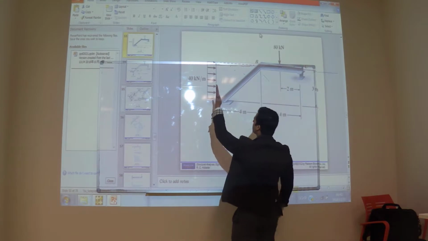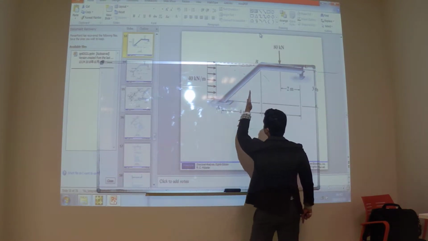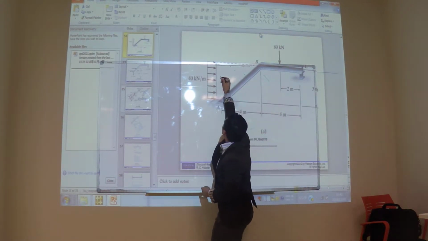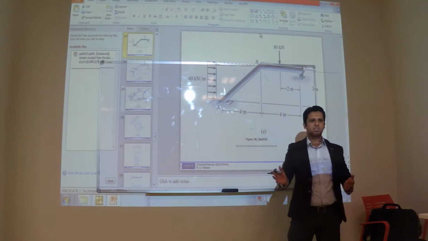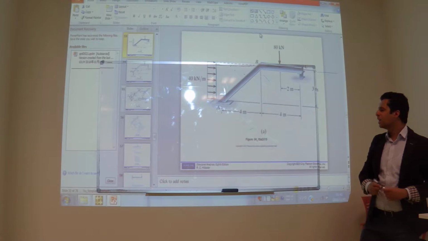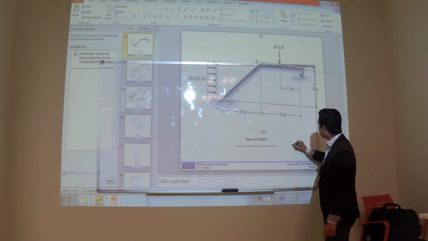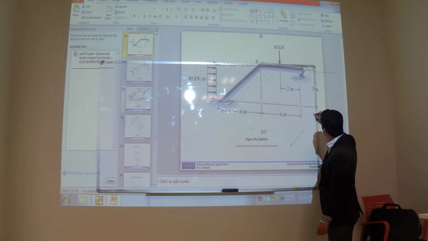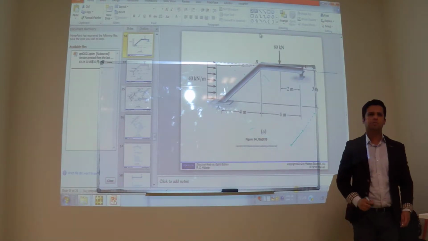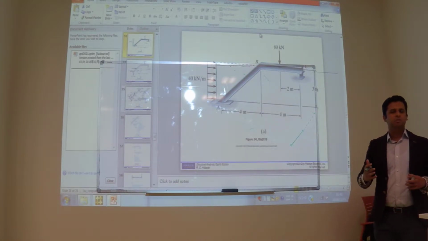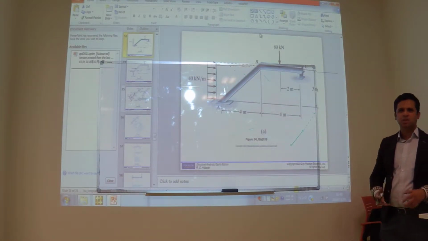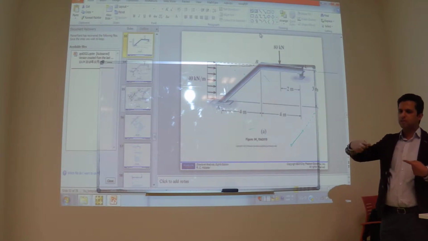If there is no member, then this load is acting on nowhere. This is, I think, your question. But this is not right, because if you have a load passing through a line, this load will remain the same along all this line. Do you understand or not? This is, I think, in the first chapter, maybe in your statics, that the load on a line of action remains the same.